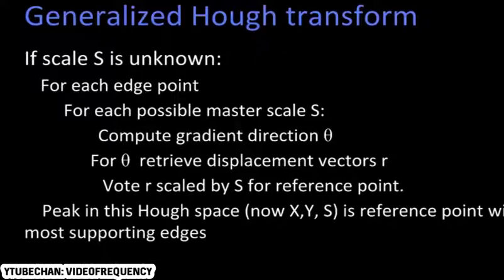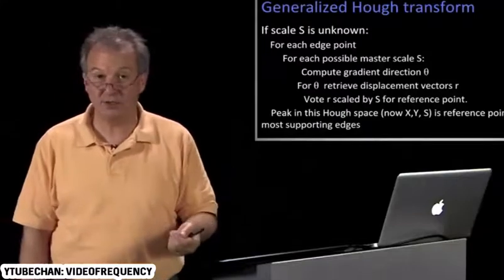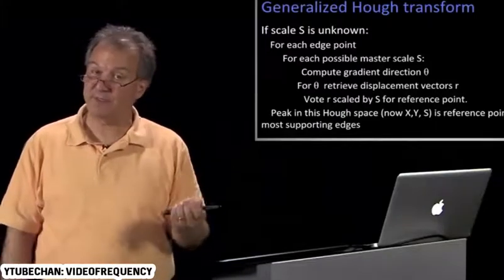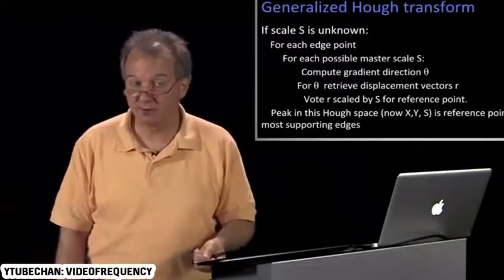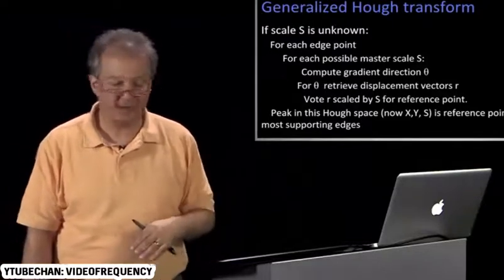We again retrieve the displacement vectors, but now we have to vote with the displacement vector scaled by s. And again, we vote. Whichever gets the most votes is the right point. And the peaks in this space, and now the space is x, y, and s, where s is the scale. So again, it's cubic. Now you can imagine that if you had scale and orientation, that would be quartic, raised to the fourth. Modest numbers raised to the fourth power are brutal. So you have to be careful in terms of how you do this.